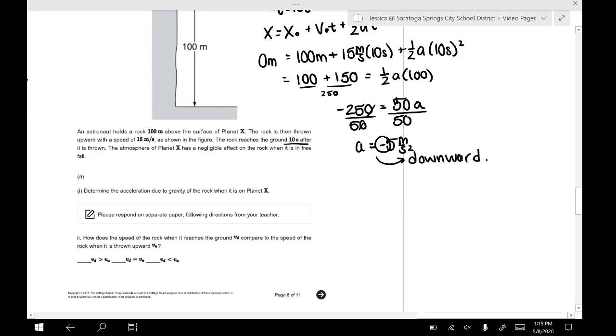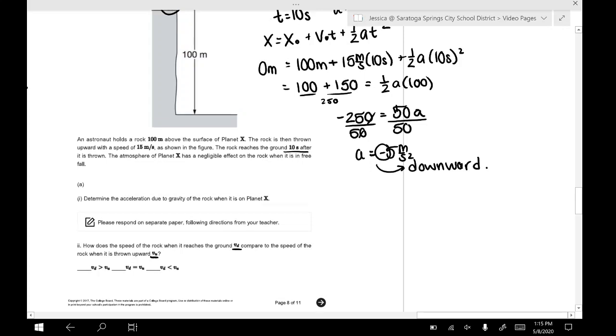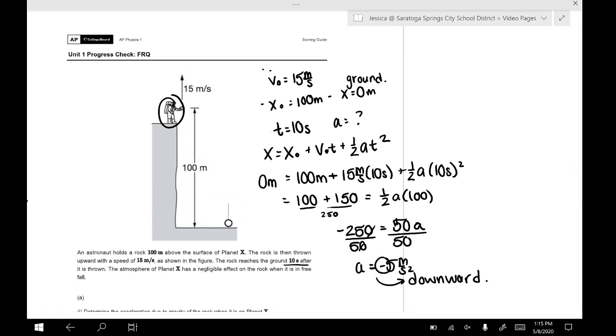Okay, so how does the speed of the rock when it reaches the ground compare to the speed of the rock when it's thrown upwards? Okay. So this rock is going to follow a path, right? And it's going to rise up to some maximum height, let's call it h, and reach a vertical speed of 0.